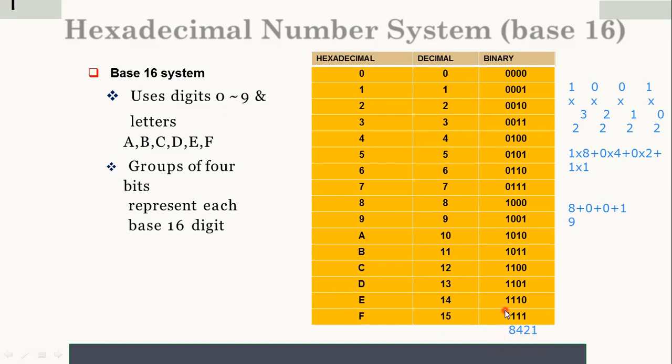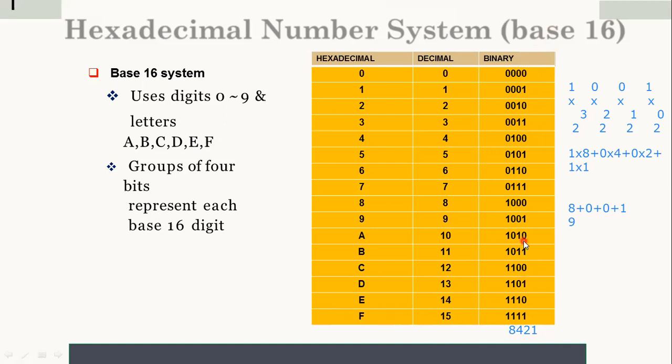Next E, 14: 8 plus 4 plus 2, so 1, 1, 1, 0. F is equivalent to 15: 8 plus 4 plus 2 plus 1, so 1, 1, 1, 1. In this way, we are getting these binary numbers.